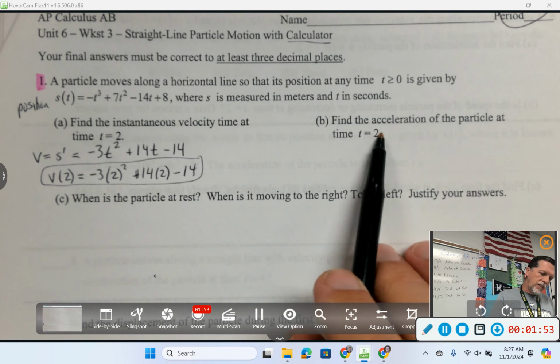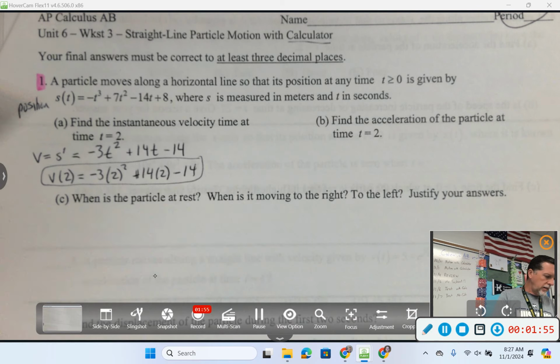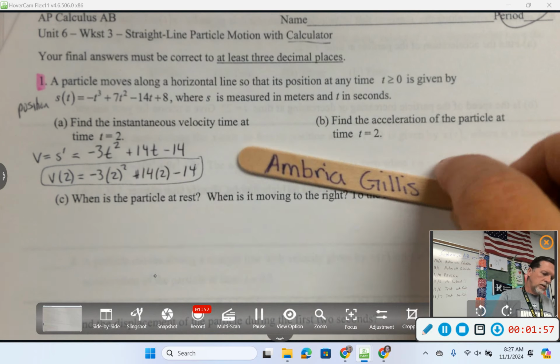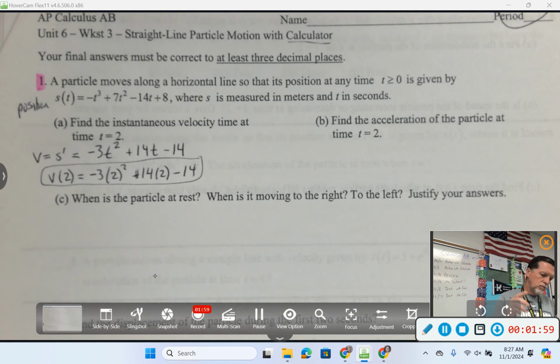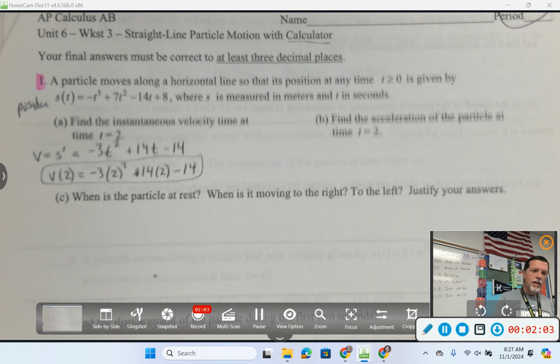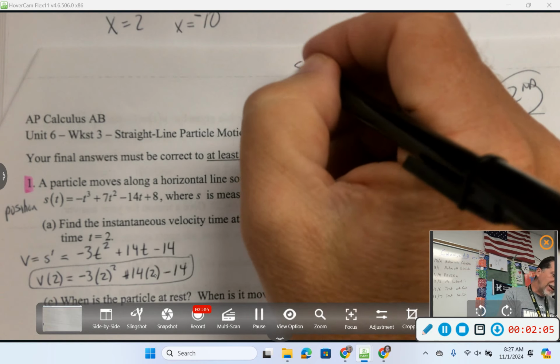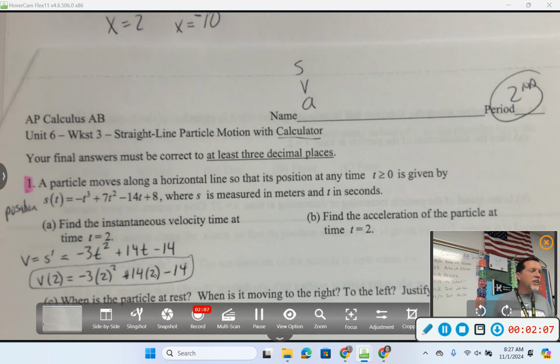Part B, find the acceleration of the particle at time equals 2. Wait, what's the thing that you draw at the top of the page? That's the arrows. The little short cheat code: S to V to A. Position, velocity, acceleration.